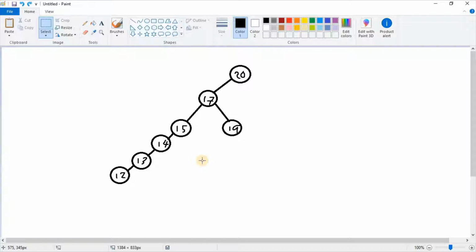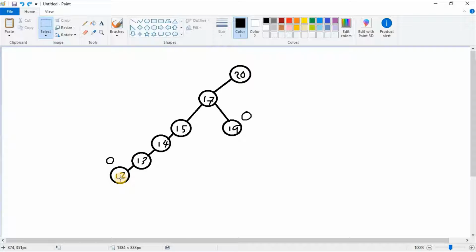So let's check the balance factor of 19 first, because it does not have any more branches. If we check the balance factor of 19, it's going to be 0, because there's no right element or left element. Now if you take 12, the leftmost element, it still does not have any more branches, so its balance factor should be 0.